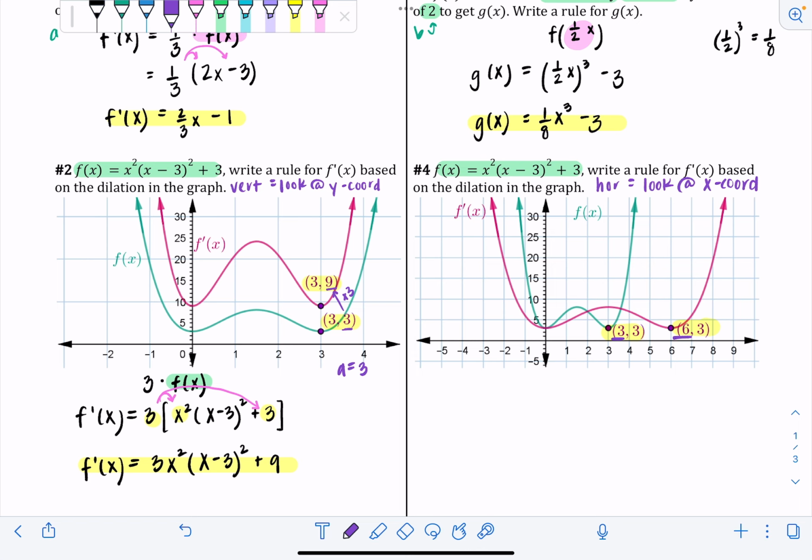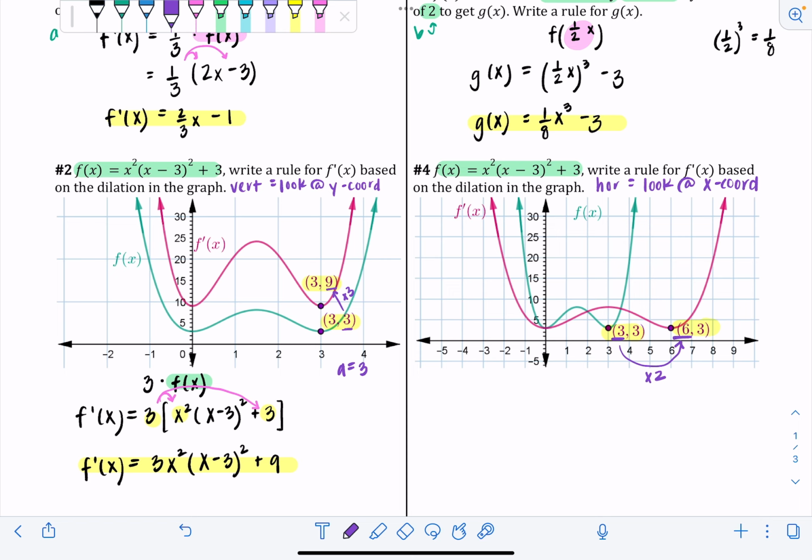Okay, so we're looking at the x coordinates here. Those are what's changing, and since it's a dilation, it's a stretch. We're talking in terms of a scale factor. A scale factor is a multiplied number. So we would think, okay, what am I multiplying 3 by to get to 6? I'm multiplying by 2. If this were ever the case where we were going from 6 to 3, we wouldn't think of it in terms of dividing.